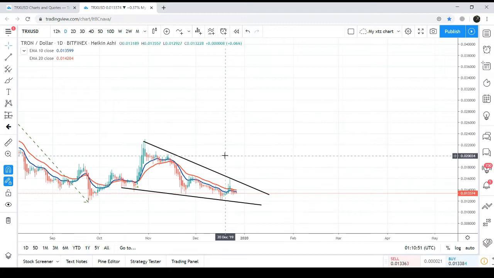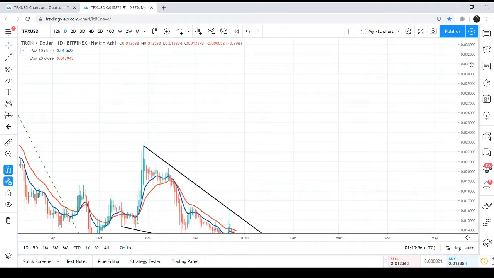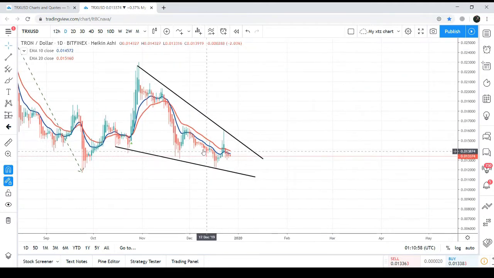And now it is likely to form a golden cross soon, because we can see the price action is crossing down the 10 moving average, the 10 time period is crossing down the candlesticks.